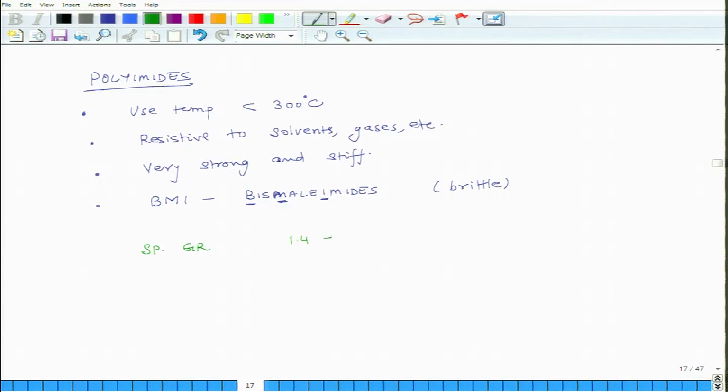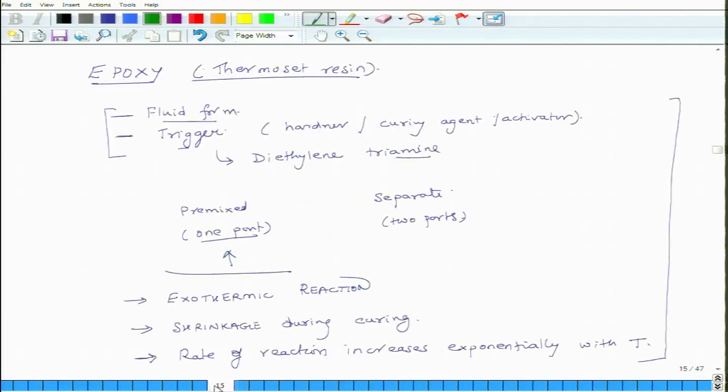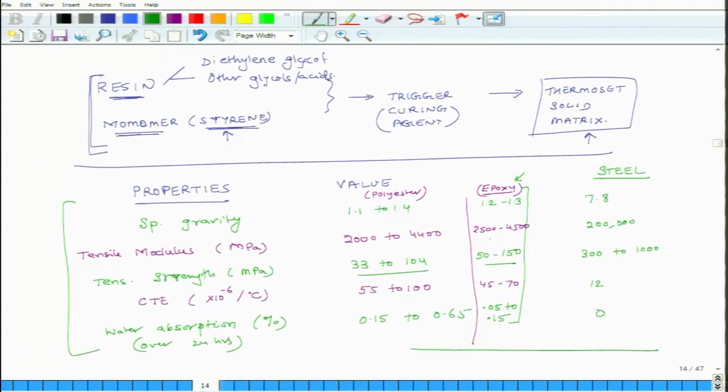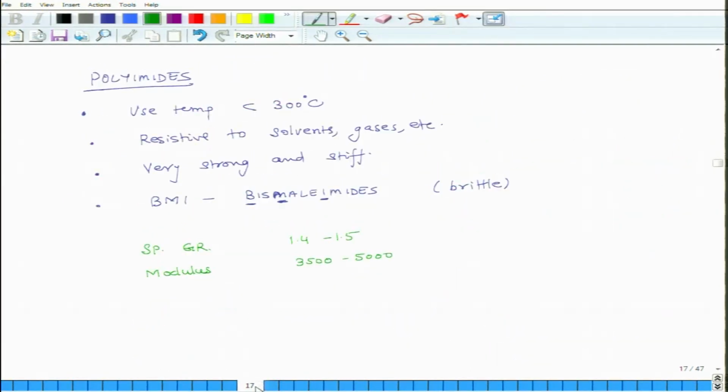So, this is a little high, 1.4 to 1.5. Modulus. So, it starts from 3500 and it goes to 5000. Compare it with those of epoxies, right. So, it starts somewhere from the midpoint of epoxy and exceeds that modulus. The strength is 120. So, much higher than those of epoxies.